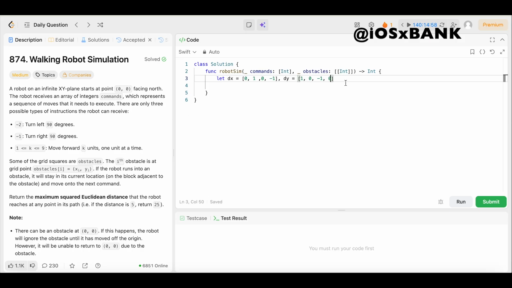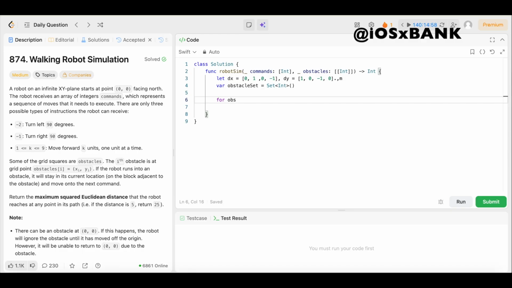So we'll come right here underneath this, and we're going to declare a variable called obstacle set, and we'll set that equal to a set. So set less than integer. We need to put the parentheses right here.